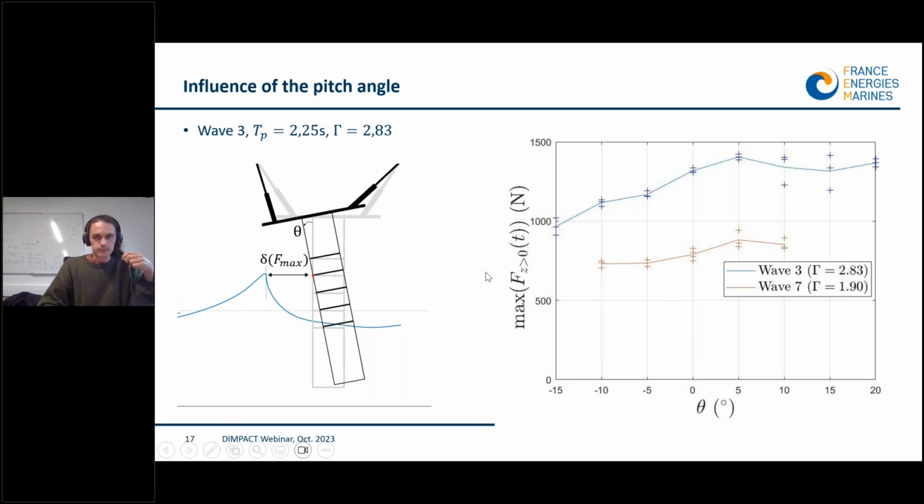So what we see here is mainly the influence of the pitch and not the influence of the modification of delta. We varied theta from minus 15 degrees to plus 20 degrees. As you can see, in the range of interest, going from -5 to +5 degrees, we have a rather linear evolution of the breaking wave load with the pitch angle.